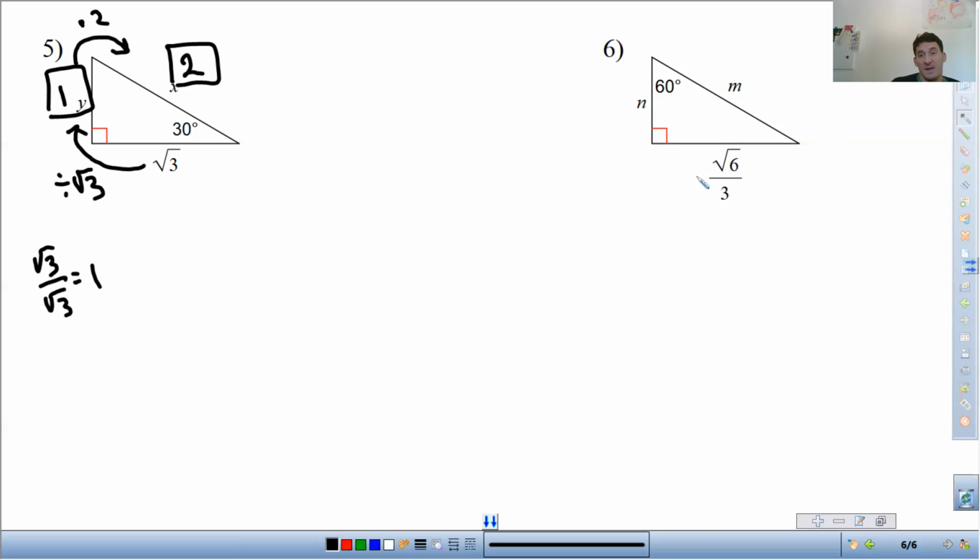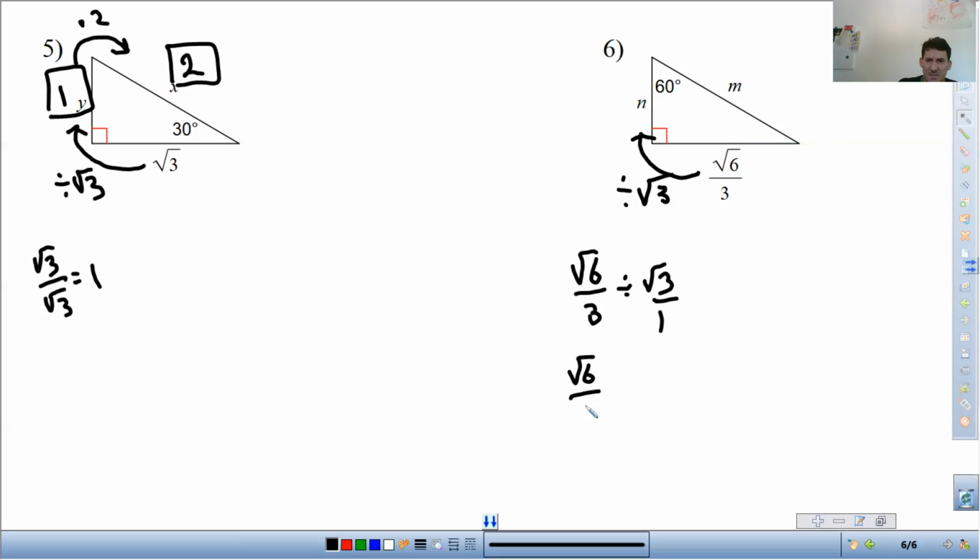Easy. All right, this one is a little bit more complicated. So I need to find the short side. I divide by the square root of 3. So I'm going to do square root of 6 over 3 divided by square root of 3. How I want to do that, make this a fraction.